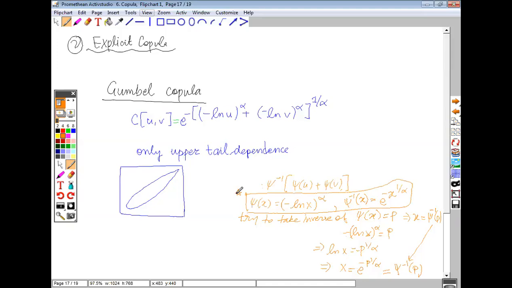And if you try to substitute this back here, you know psi of u plus psi of v, which is exactly this. And instead of x, you will have all of this raised to 1 upon alpha precisely, and you have a minus here. Yes, we got that. So voila, what do we have? We have this psi of u and psi of v values separately. So basically we know our generator function and its pseudo inverse as well for the Gumbel copula case, at least.